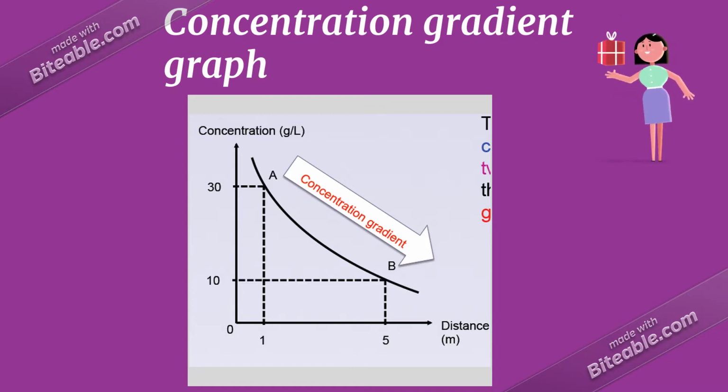We can see on the y-axis that A has a greater concentration and B has a lower concentration, because the higher the number of particles, the higher the concentration, and the lower the number, the lower the concentration. And so, according to the definition of diffusion, diffusion should occur from A to B, from 30 to 10, from the region of higher concentration to the region of lower concentration.